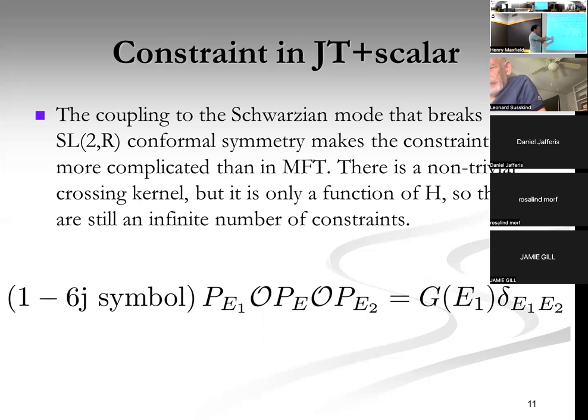And if we exchange 2 of them, we're supposed to act with this 6J symbol. And then the resulting thing is just a function of energy. Whereas in mean field theory, the 6J symbol would have just been some delta functions that cross them without any non-trivial function of energy. So this is the difference: now there's a non-trivial crossing kernel instead of just the trivial crossing of the GFF.